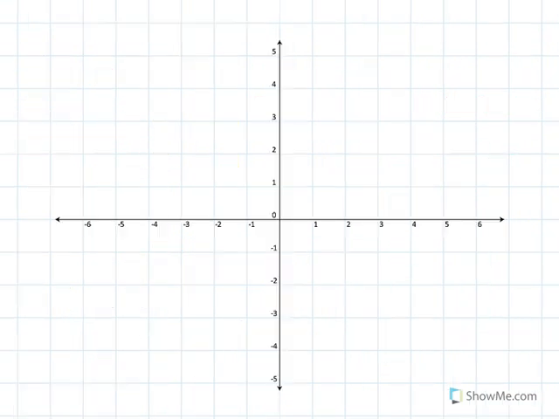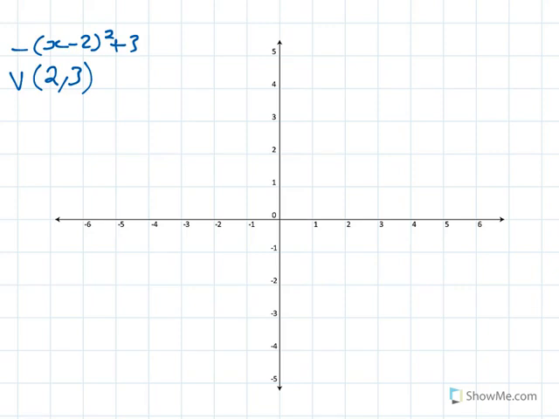So moving forward with this, we need to graph this function. So the function looks like this. It's negative (x minus 2) squared plus 3. So that means its vertex is (2, 3), and the parabola is looking downwards because a is negative.